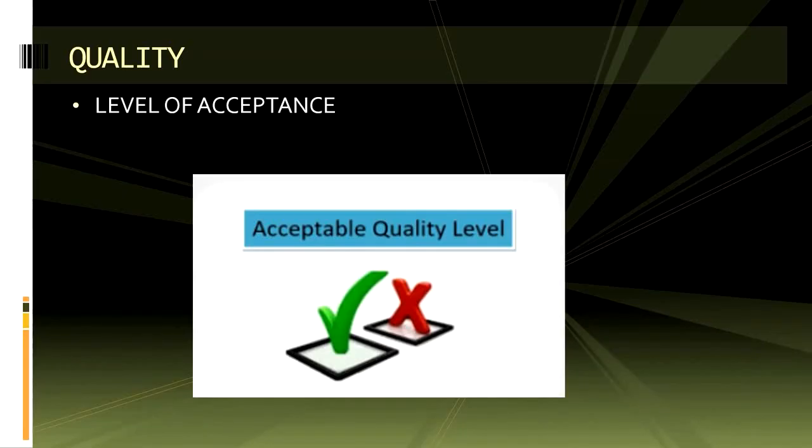If it satisfies you, you say that the quality of the garment is good and you want to purchase it. So the level of acceptance is important from both the consumer's and the buyer's point of view, and it is called the acceptable level of quality.